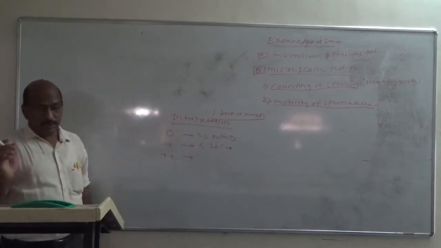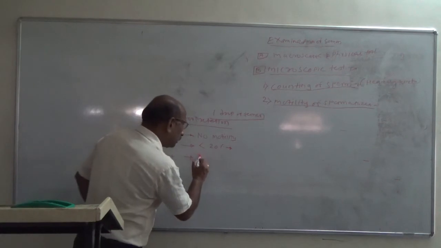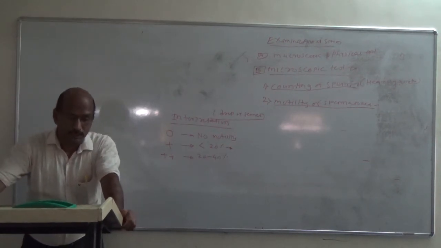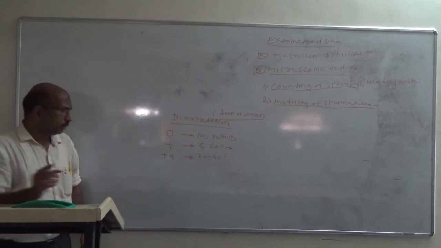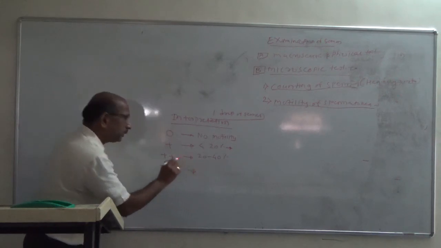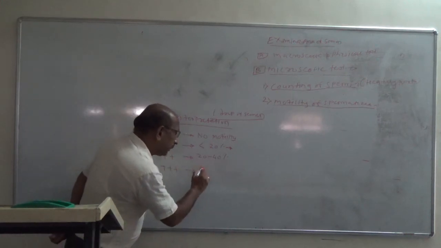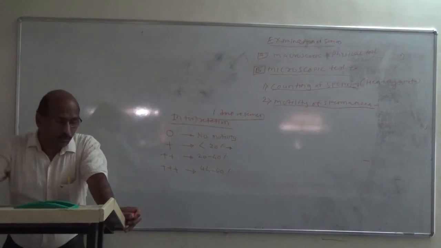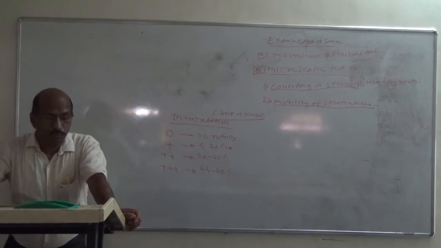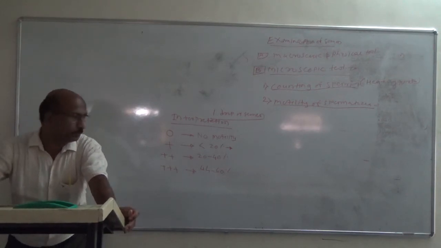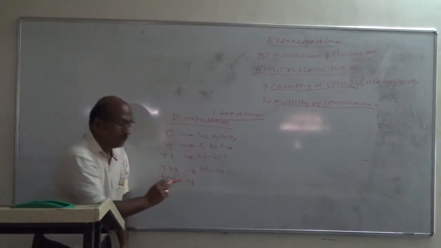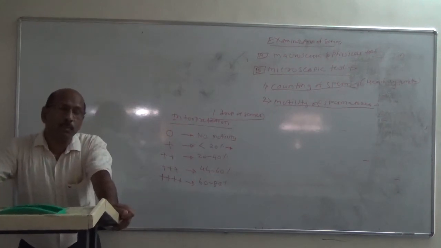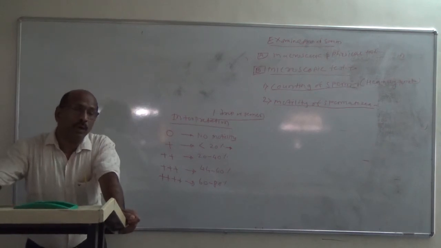2 plus indicates that the semen shows 20 to 40% showing progressive motion but no wave. 3 plus indicates 40 to 60% showing progressive motion with slow wave. 4 plus indicates 60 to 80% showing progressive movements with more intense wave.